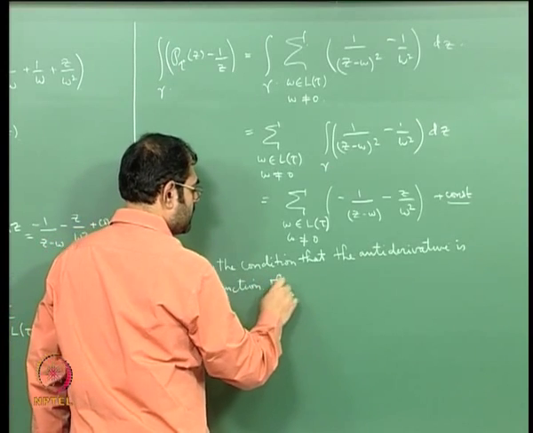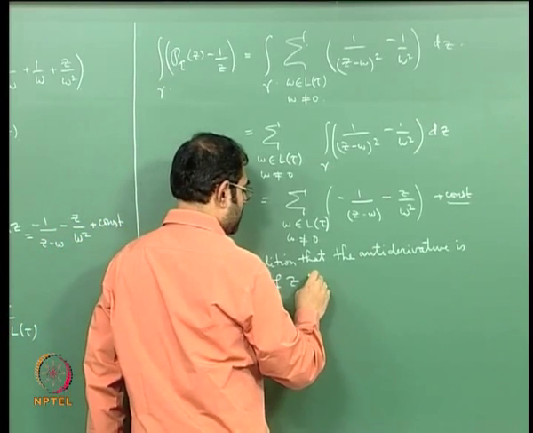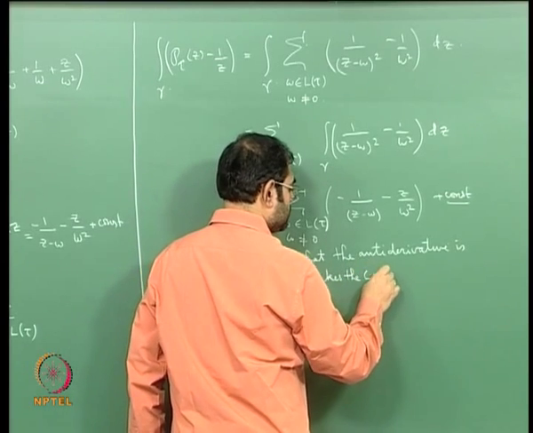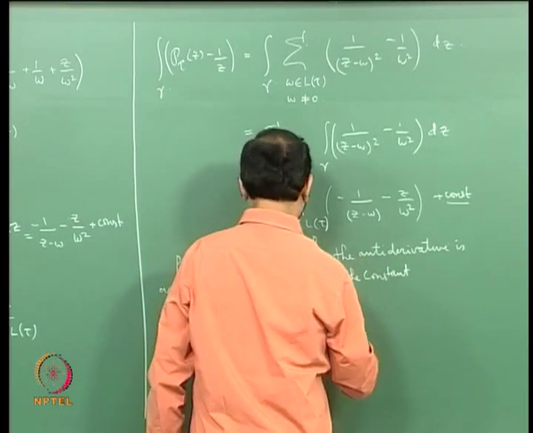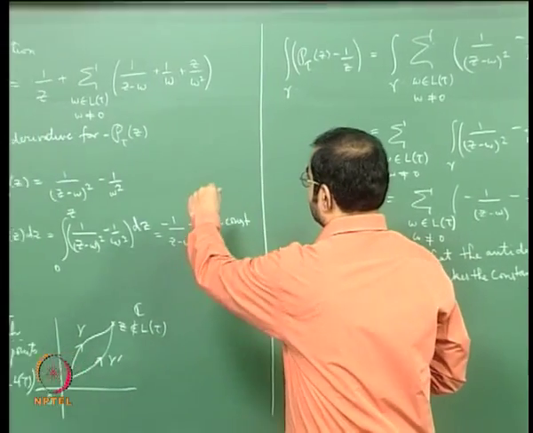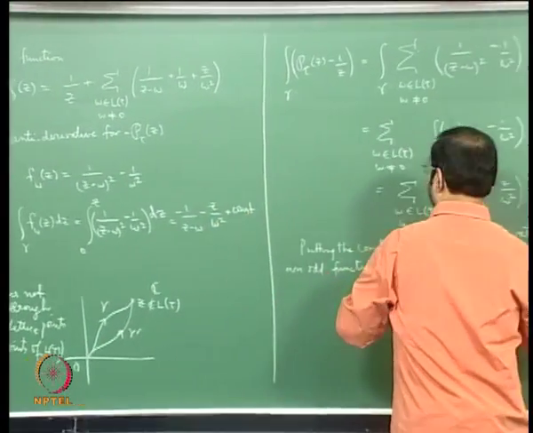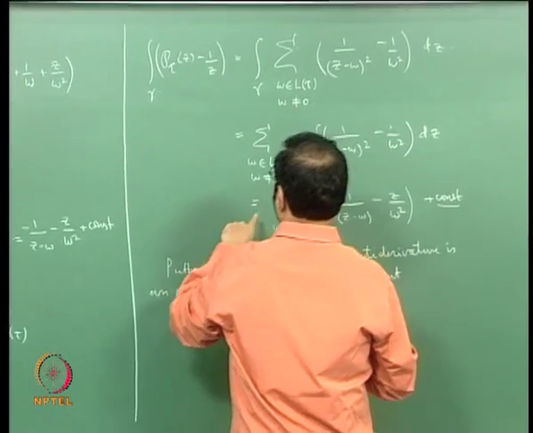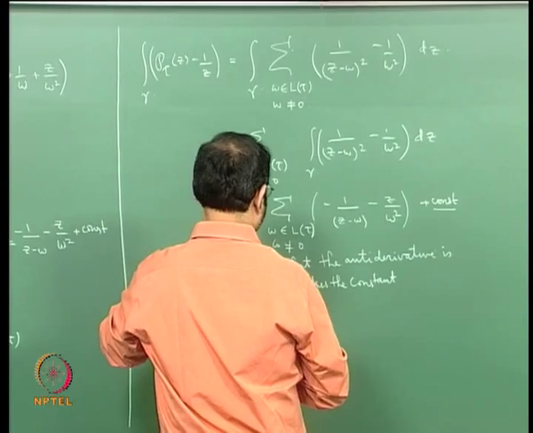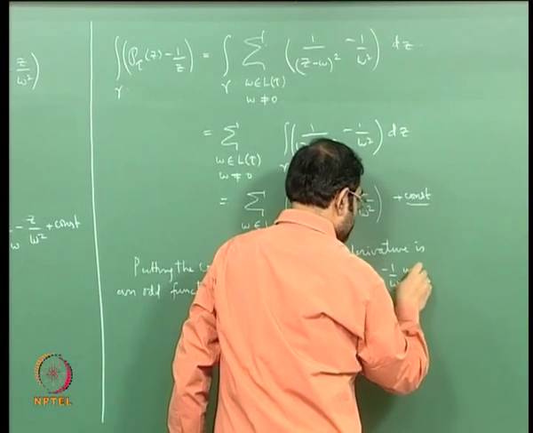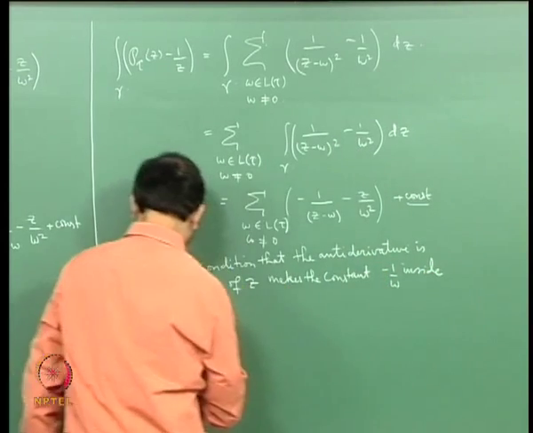This makes the constant, well, the constant will be minus 1 by omega inside the summation.